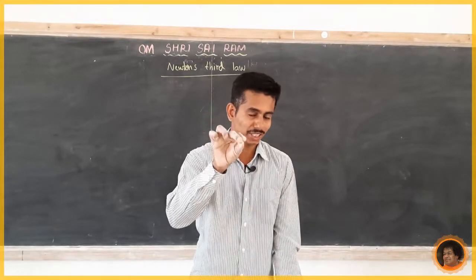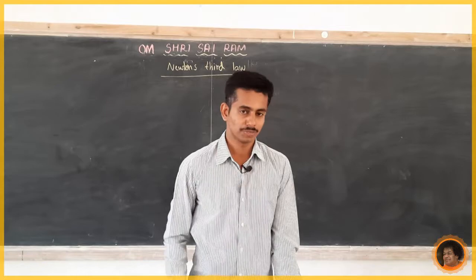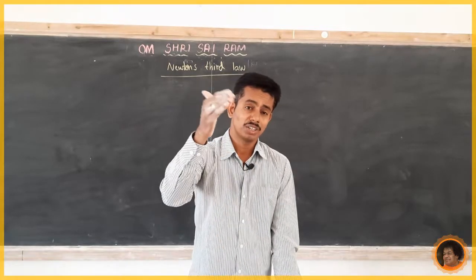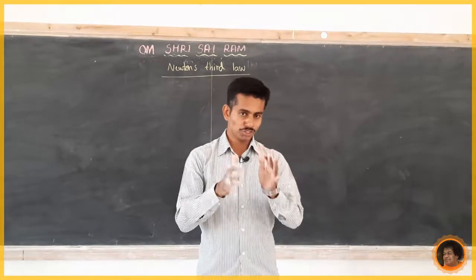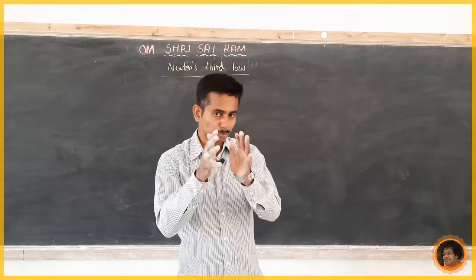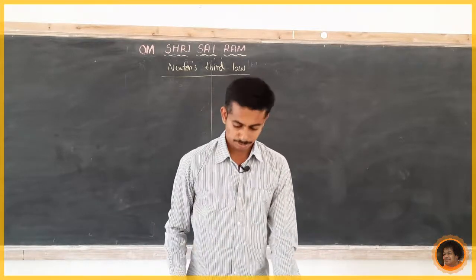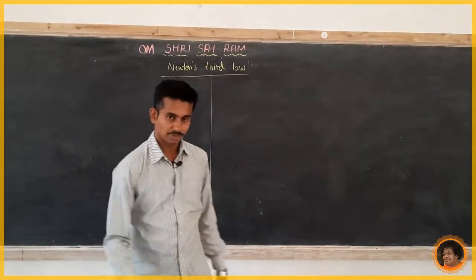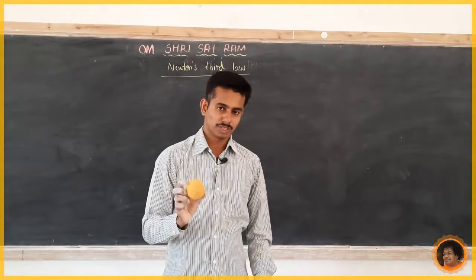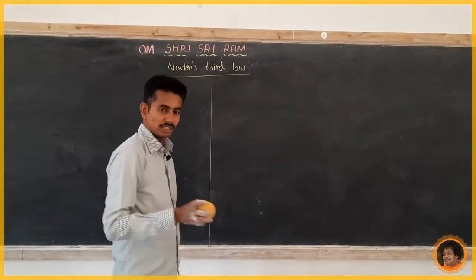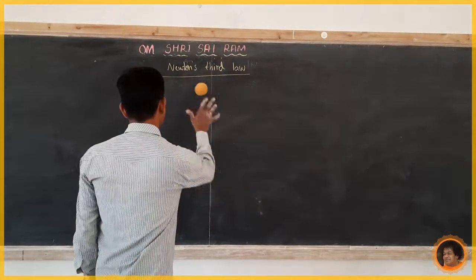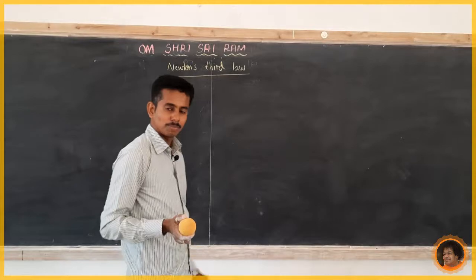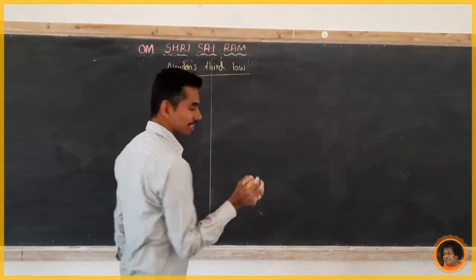Then the relationship between force, acceleration and mass is explained in the second law, but the third law is different. That is Newton's third law. This is a cricket ball. If I throw the ball at this wall, it bounces back. My question is, why does it bounce back?